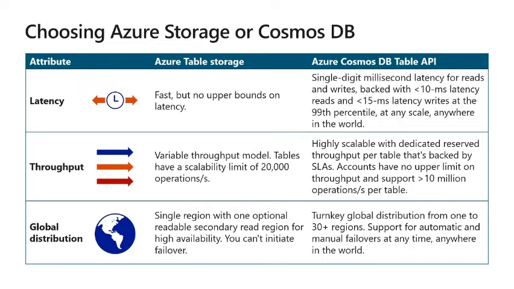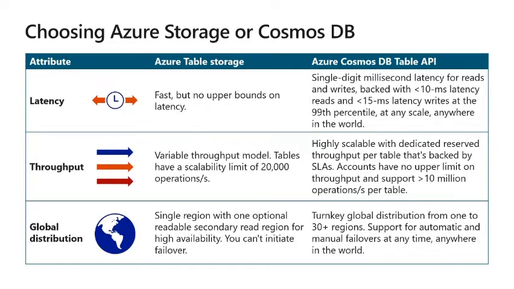Choosing Azure Storage or Cosmos DB. Azure Table Storage and Azure Cosmos DB Table API share the same table data model and expose the same create, read, update, and query operations through their SDKs. But they have some differences.